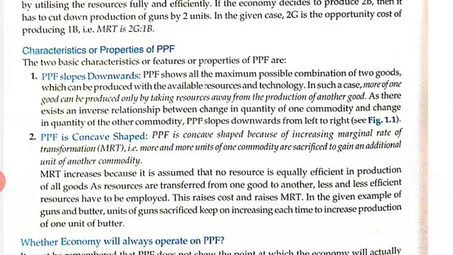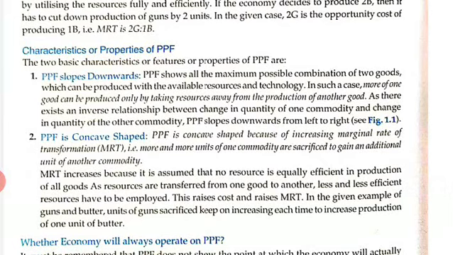In such a case, more of one good can be produced only by taking resources from the production of the other good. So there exists an inverse relationship between the change in quantity of one commodity and the change in quantity of another. That means if the economy wants to produce more gun, then it needs to sacrifice units of butter. That's why the PPF slopes downward.